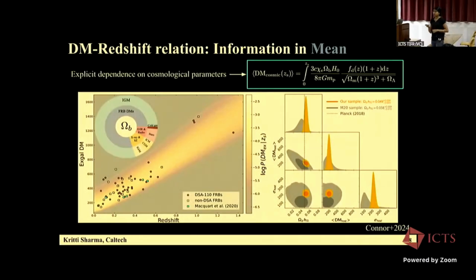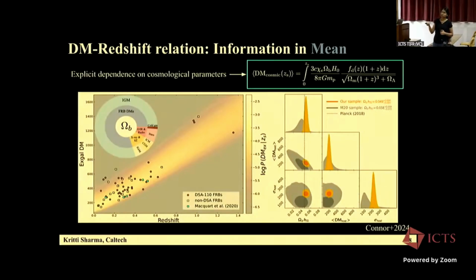If you come back to the FRB DM-redshift relation, we've already seen this plot multiple times during this conference. This one is from Liam Connor's work, where we took a sample of about 70 FRBs to put constraints on the fraction of baryons in the IGM as well as the CGM. For any DM-z relation, the first observable would be the mean of the relation.